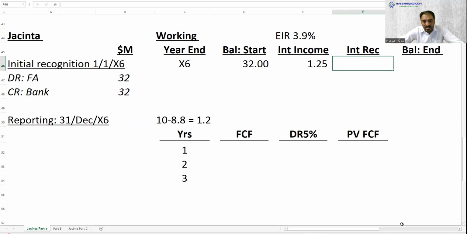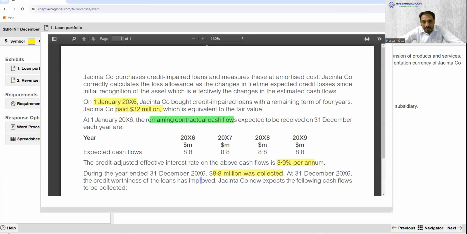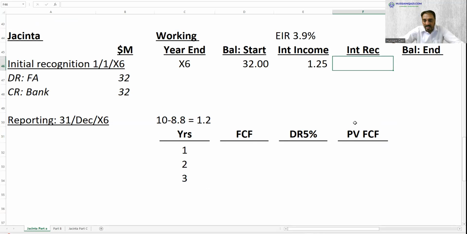Interest received, as mentioned, is 8.8. So what will be the accounting? 32 plus this minus this gives 24.45. So what should be the accounting?